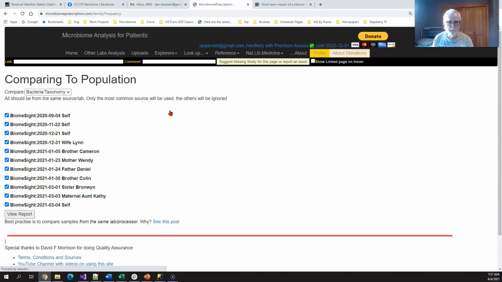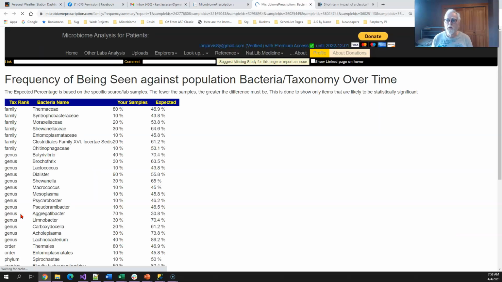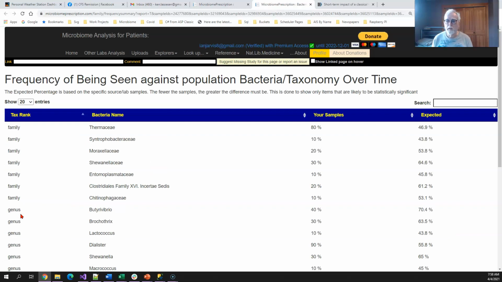So we click here, and we have there. What I'm going to do to illustrate is exclude the Y, different DNA mixture, and it's only one report at the moment, which is by bacteria taxonomy. Click that. A few seconds later, you get the results.